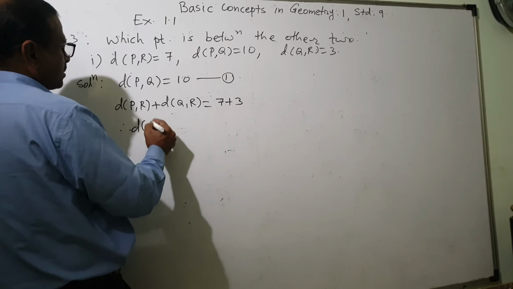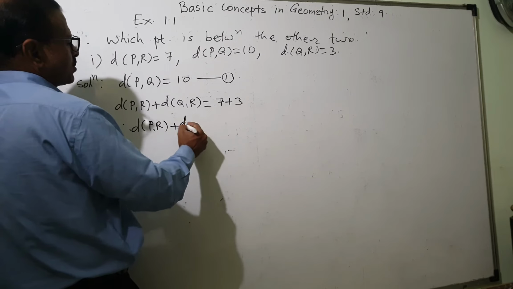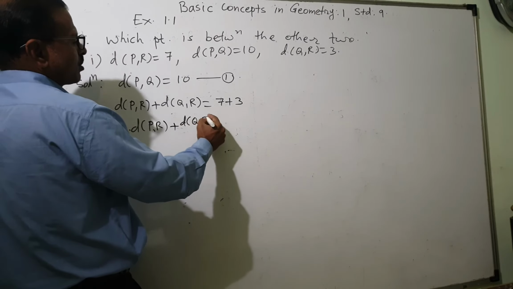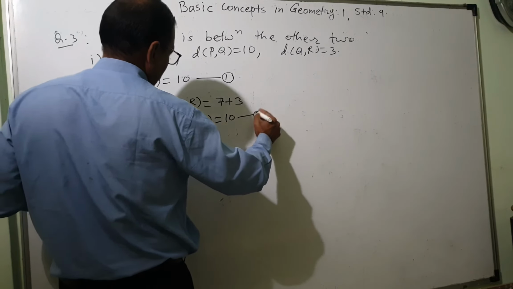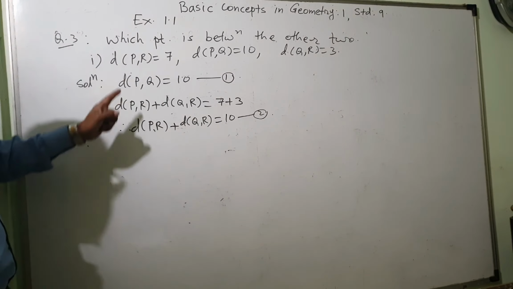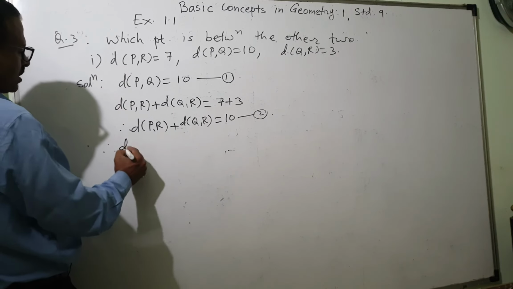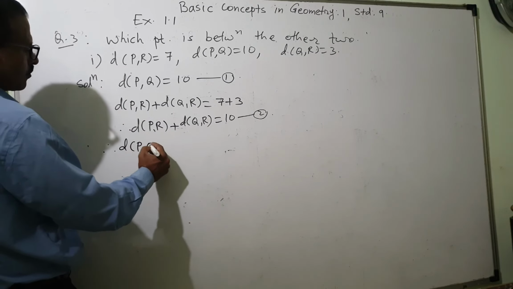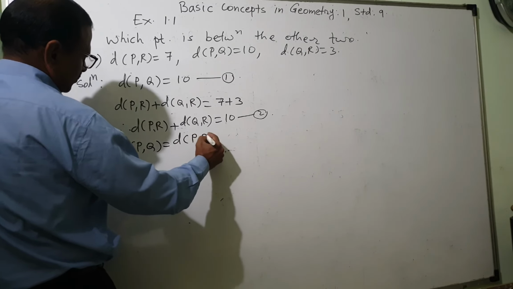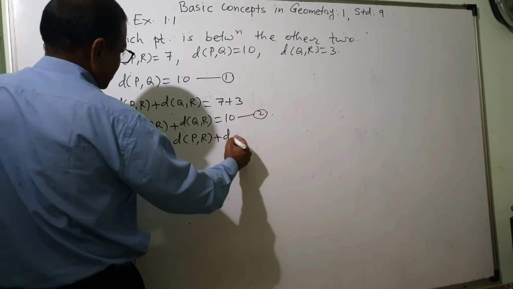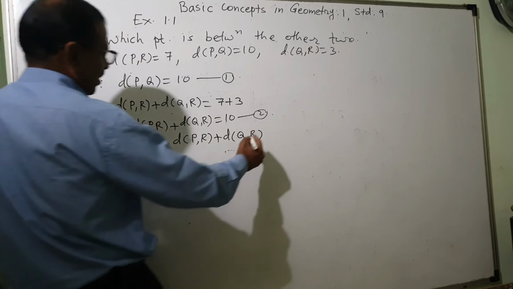Therefore, distance PR plus distance QR, don't forget to give the comma, is equal to 10, and this is number 2. See that this is equal to these two addition. Therefore, distance PQ is equal to distance PR plus distance QR from 1 and 2.